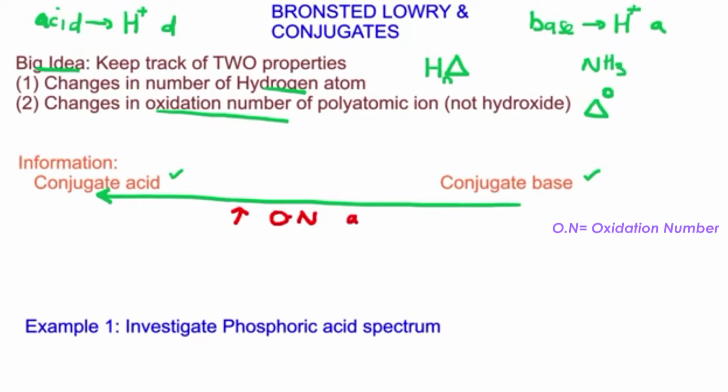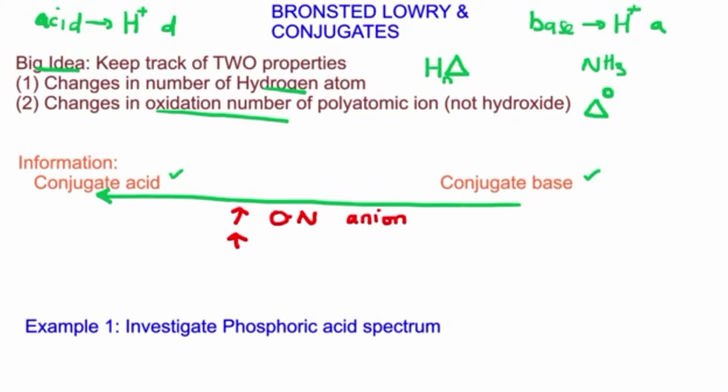I'll just put it as an ion. So if the oxidation number increases, that leads towards the conjugate acid. If the polyatomic ion's oxidation number decreases, it heads towards the conjugate base. In reflection, this translates into an increase in the hydrogen atom number present in that particular product.